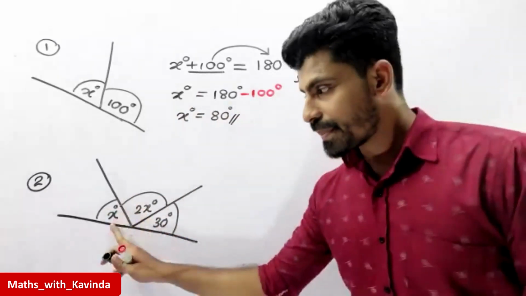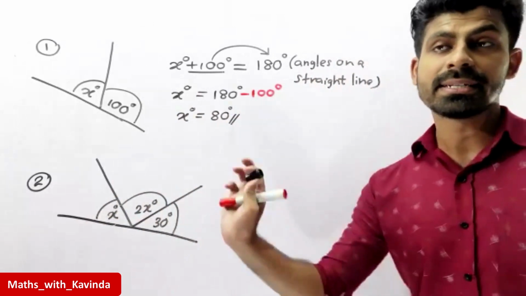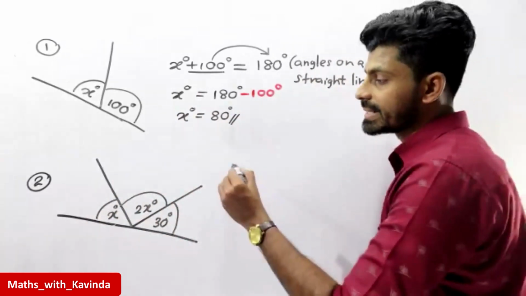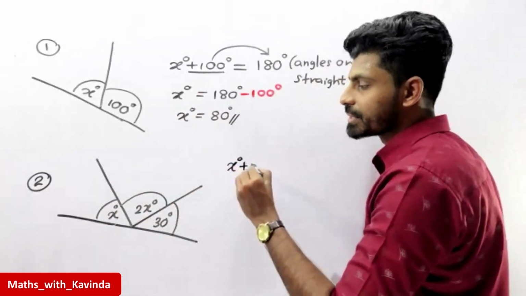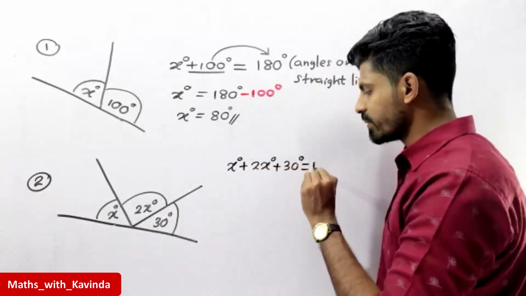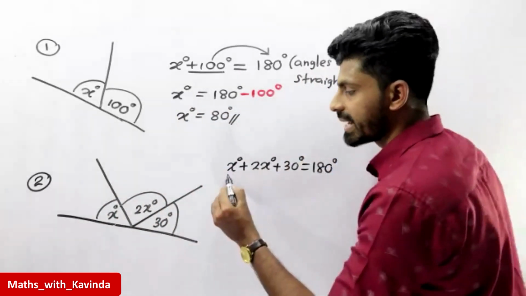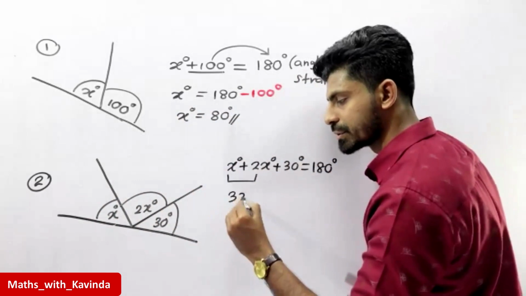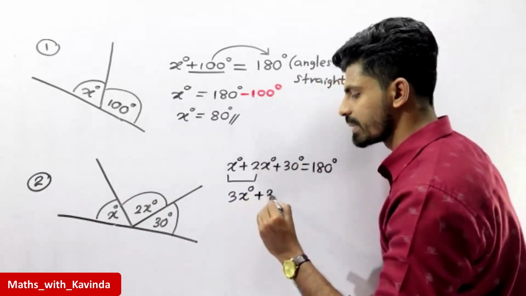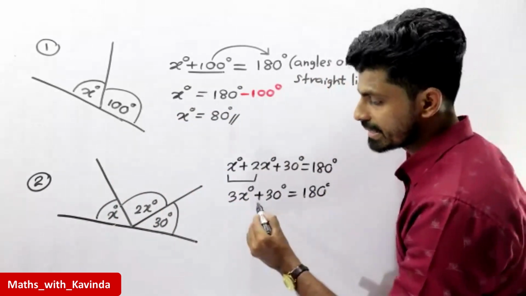Next: x plus 2x plus 30. All these three angles should equal 180. x plus 2x plus 30 equals 180. So x plus 2x equals 3x. 3x plus 30 equals 180.